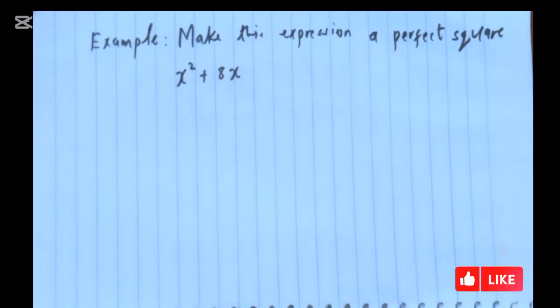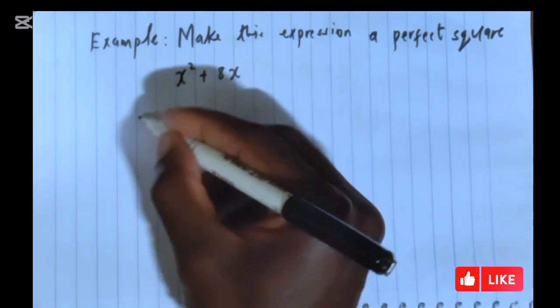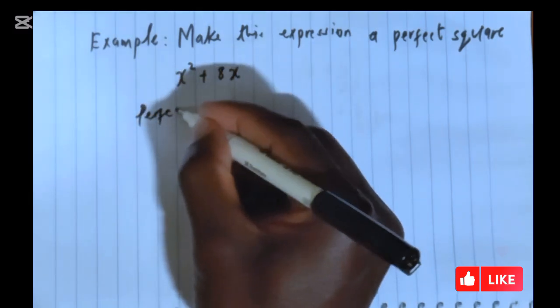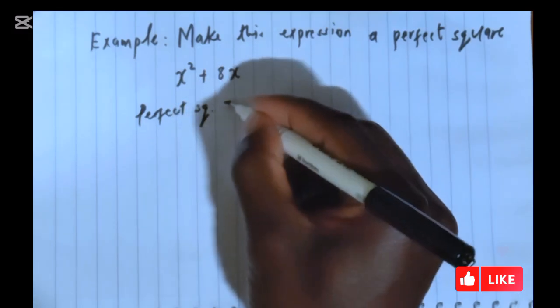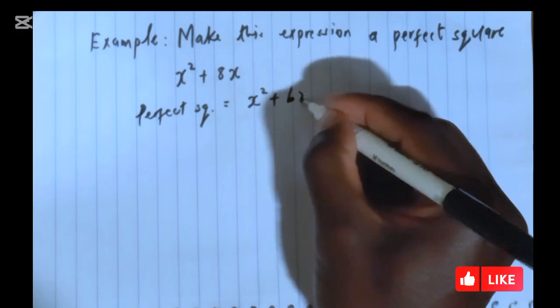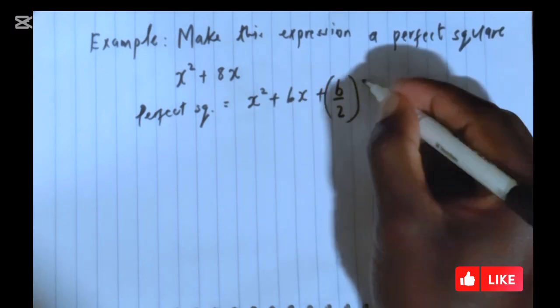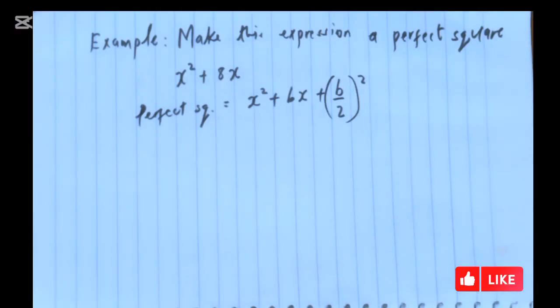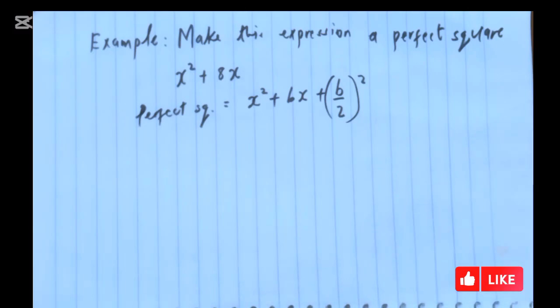So we already know that a perfect square should generally have the form x squared plus bx plus (b all over 2) squared. That is the general formula of a perfect square when you're talking of quadratic expressions.